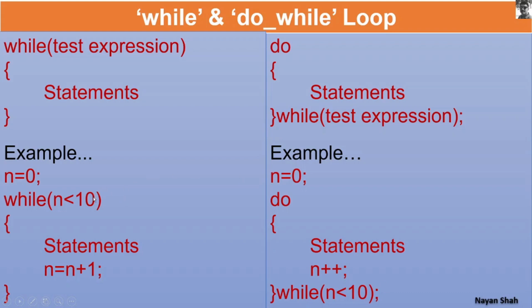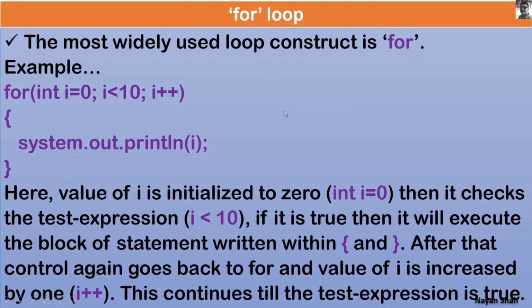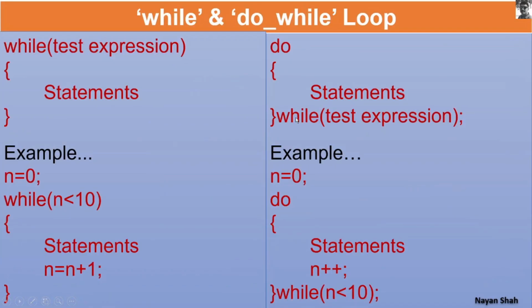If you observe, there is no semicolon after while in the for loop, but in do while, after while there has to be a semicolon because the do while statement ends here. Java says that every statement ends with a semicolon, whereas the while loop is not getting over here. The while loop gets over at the closing curly bracket, and a curly bracket doesn't require a semicolon.